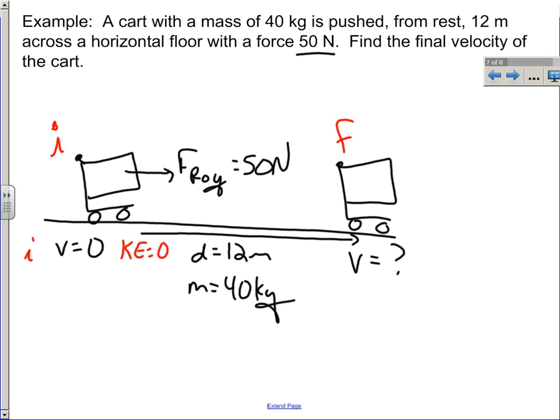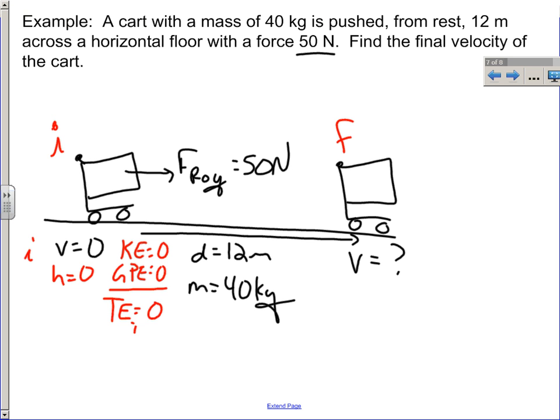In this problem, it doesn't look like the height is an issue, so I'm just going to say the height must be 0. It's being pushed horizontally. It's not going up or down at all. So that means the GPE is also 0, which means the total energy I began with initially was 0. Now, Roy is a non-conservative force, right?